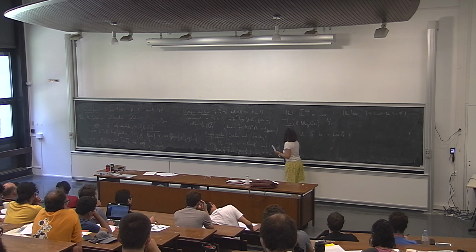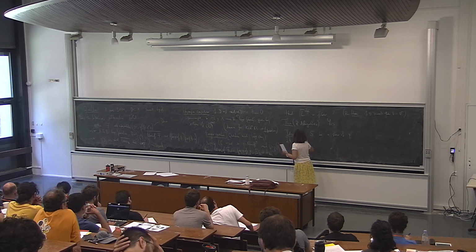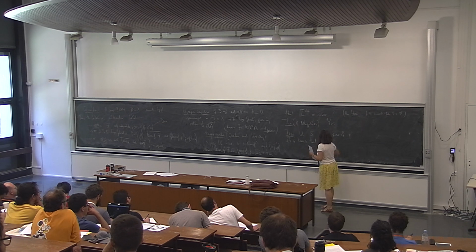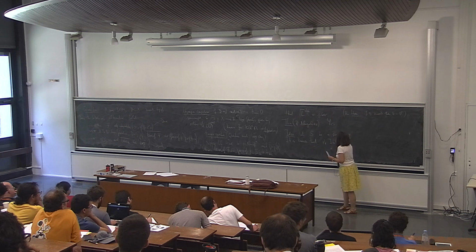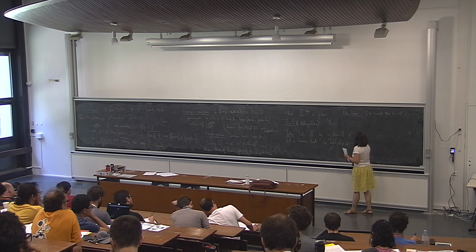Then it is known that the rank of the image of the restriction of the second cohomology of X to the second cohomology of S is 1.